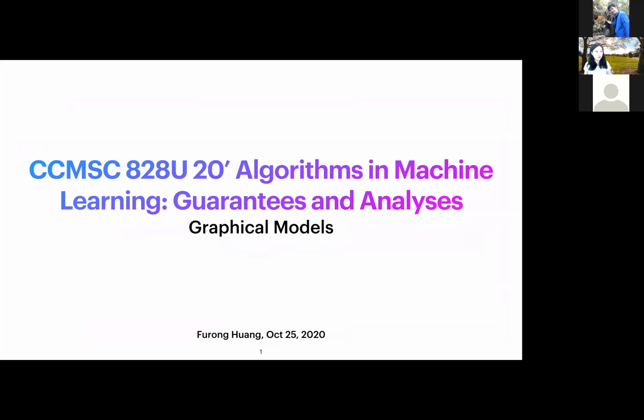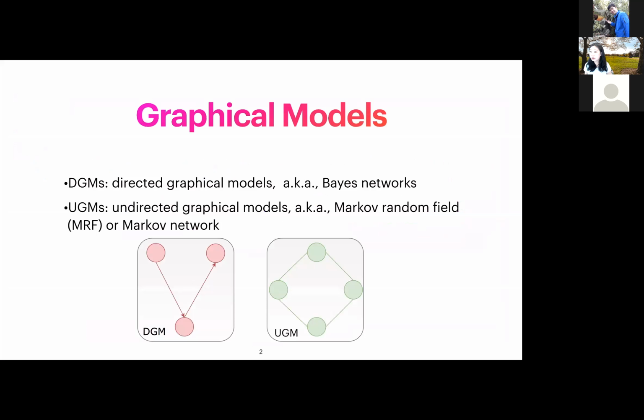When you think about graphical models, think about two major classes: directed graphical models and undirected graphical models. Directed graphical models are often also called Bayes networks, belief networks, causal networks, and so on.